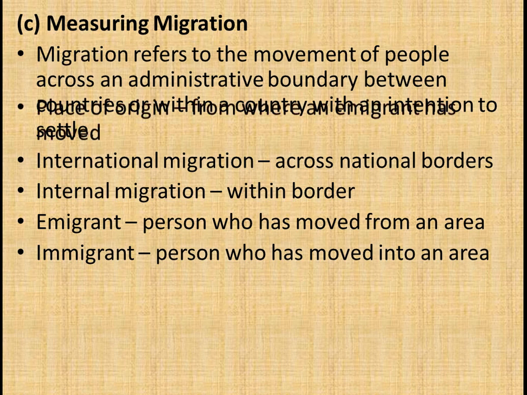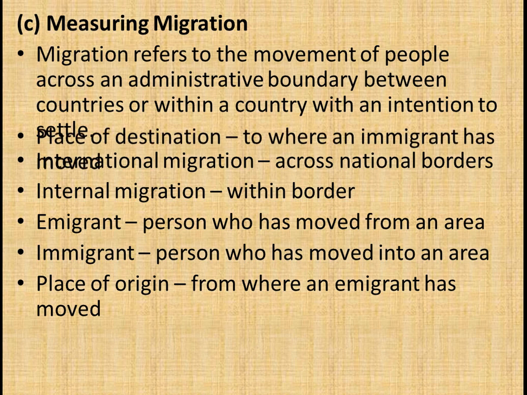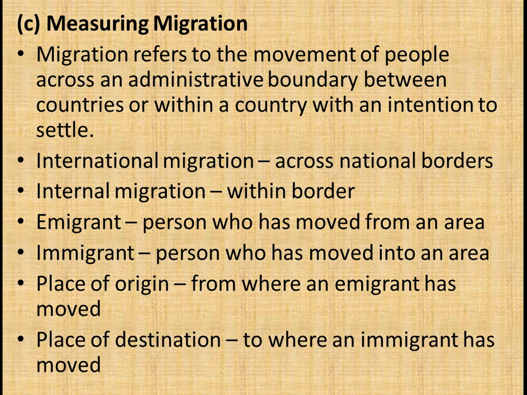We also have another concept of place of origin. Place of origin is where an emigrant has moved from. And the place of destination is an area to which an emigrant has moved.